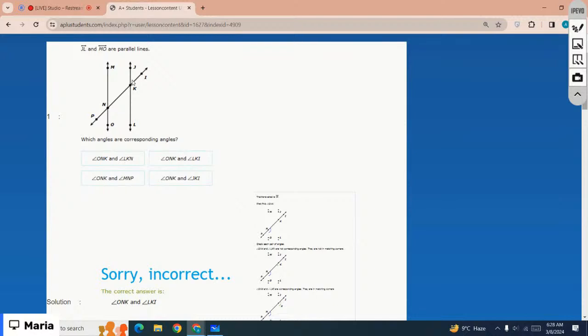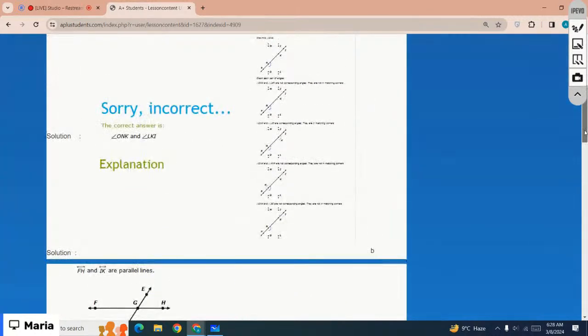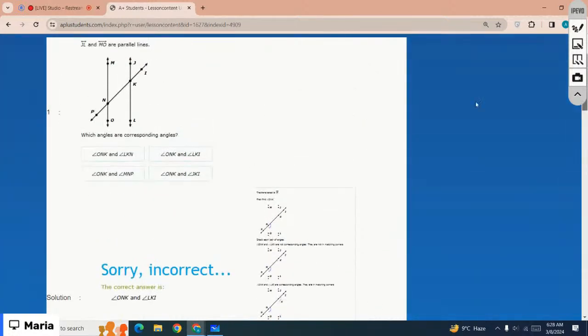They are the angles that are made on the same side of the transversal on different lines. So the correct option is ONK and LKI, right?